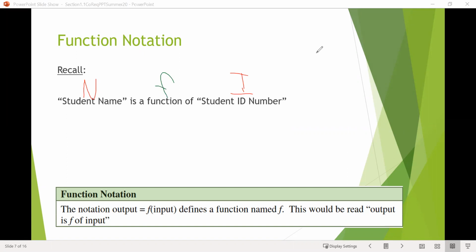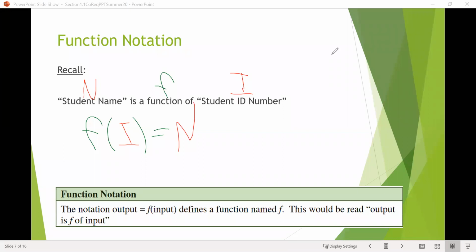Since student name is a function of student ID number, we can write this as f of I. Remember, this is read f of I, not f times I, equals n.